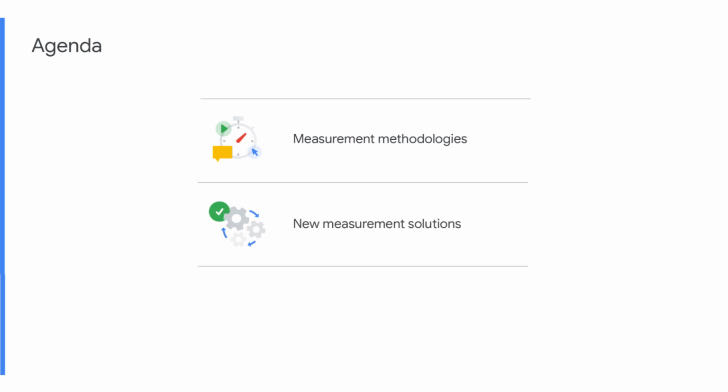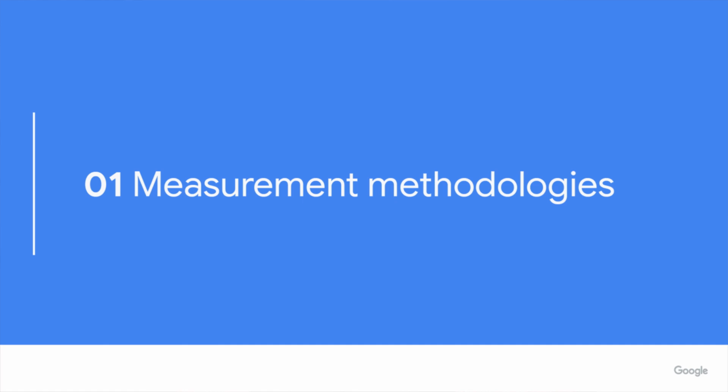Second, I will preview new measurement solutions you can expect from us this year to help support your business needs. And lastly, I'll share best practices and actions you can take today to help position your iOS marketing for success with Google App Campaigns.